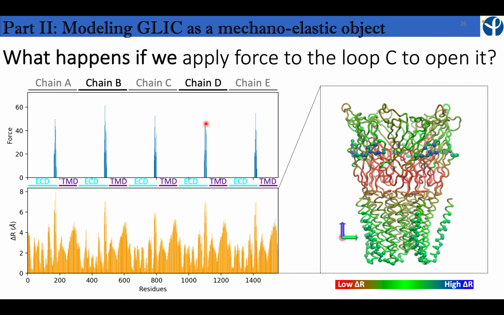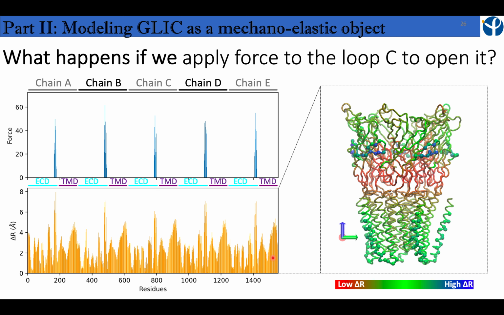When you apply force to loop C, of course, the loop C part is the biggest responding part, as you can see here, here, and here. But in addition to loop C, we can see a response in other parts of the protein. In the TMD also, you can see a peak here, for example, and again a peak here, and again here, and finally a peak here.